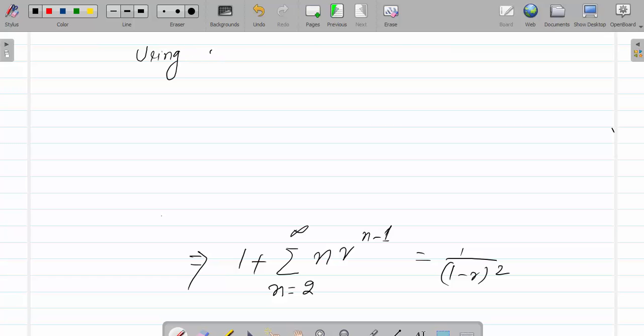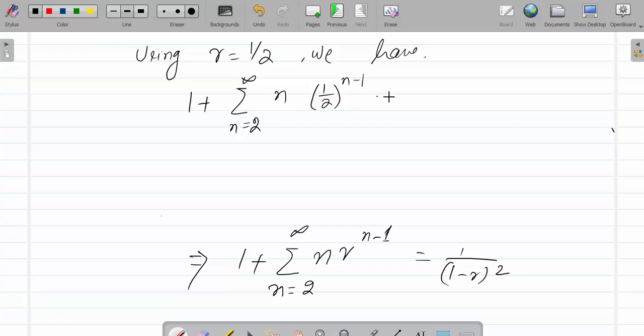Now using r equal to half, we have 1 + sum over n equal to 2 to infinity of n into (1/2)^(n-1).